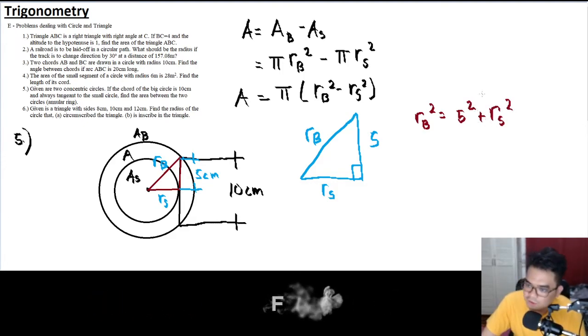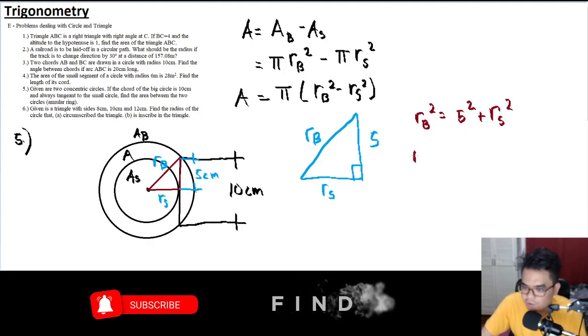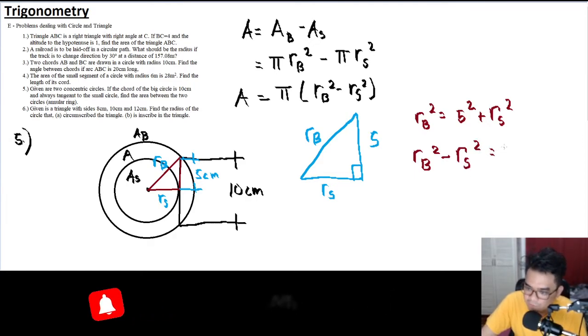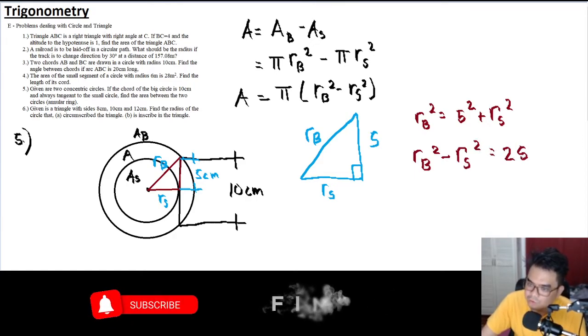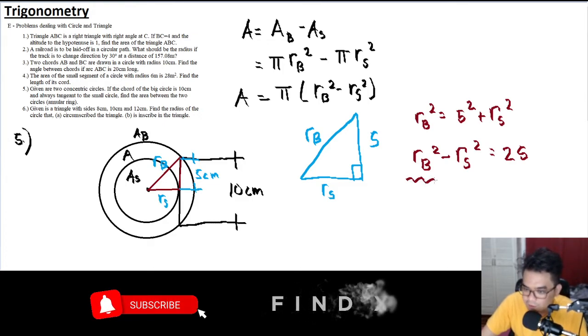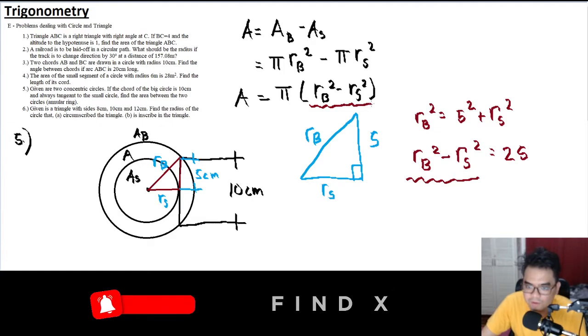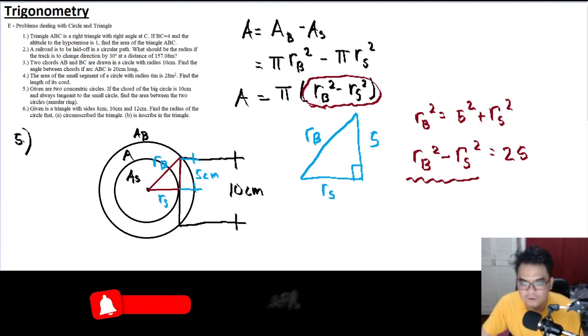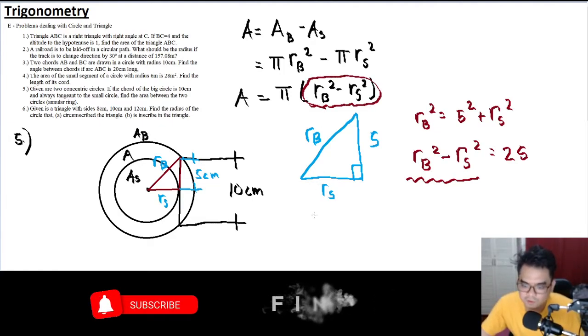And then if I transpose rs squared, you'll have rb squared minus rs squared equal to 5 squared, which is also equal to 25. As you can see, rb squared minus rs squared is also this one. So all you have to do is substitute the value.